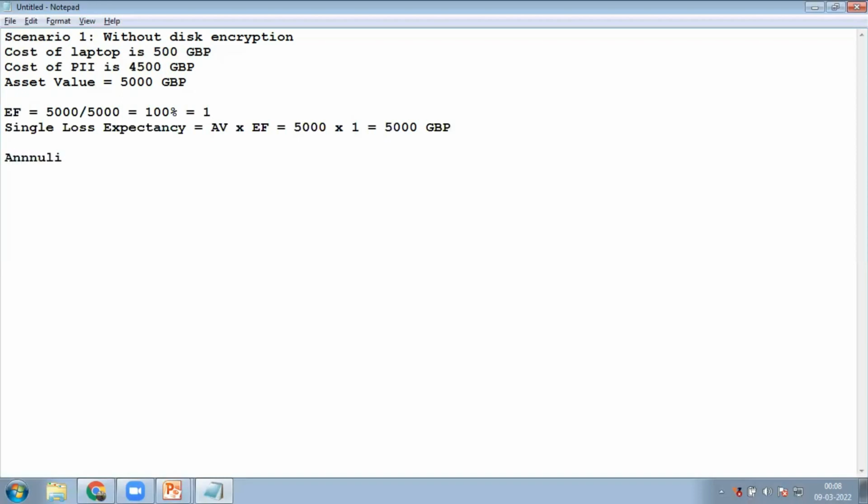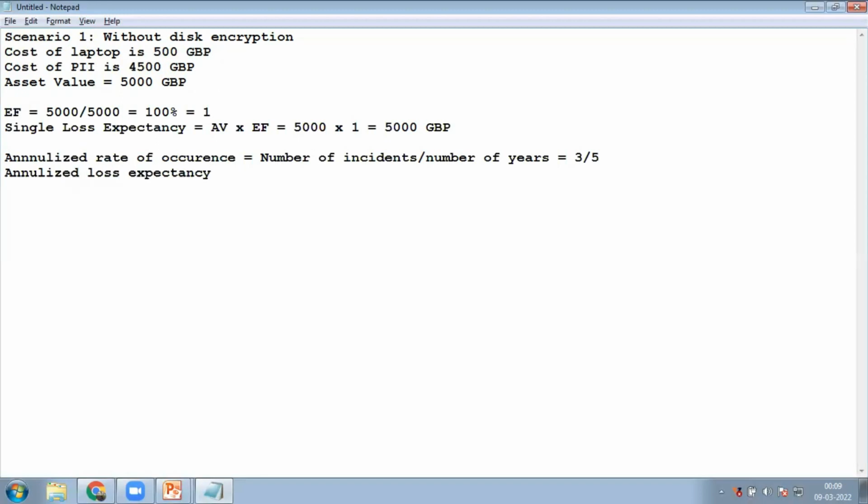Annualized rate of occurrence is equal to number of incidents per number of years. Assume 3 incidents in 5 years, 3 by 5, and annualized loss expectancy is equal to ARO multiplied by the SLE.